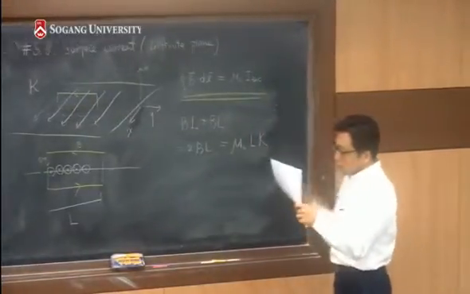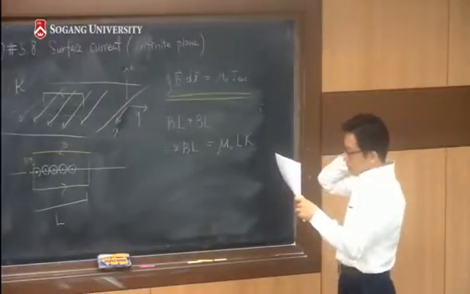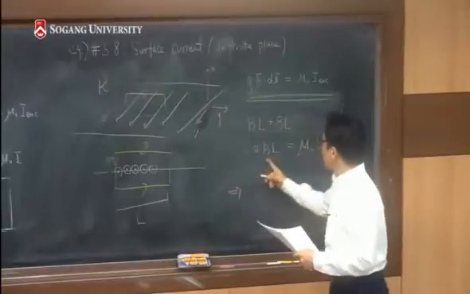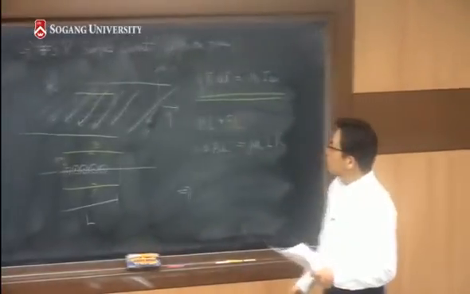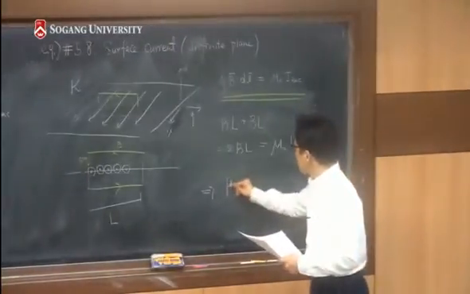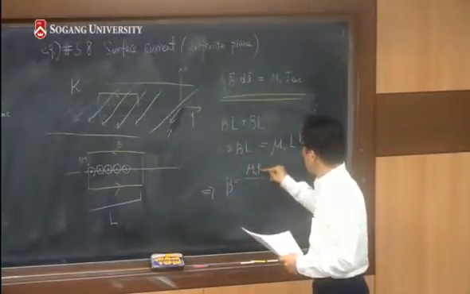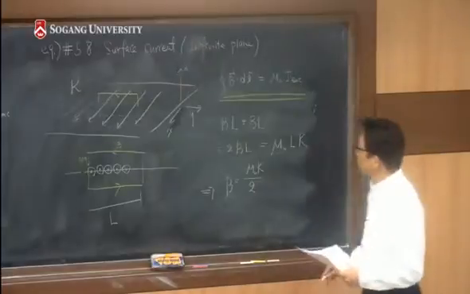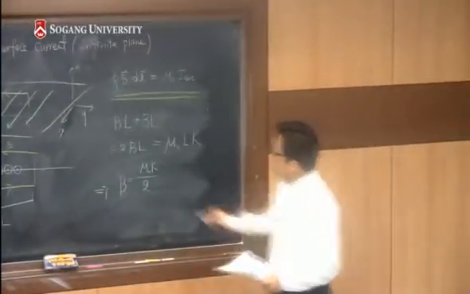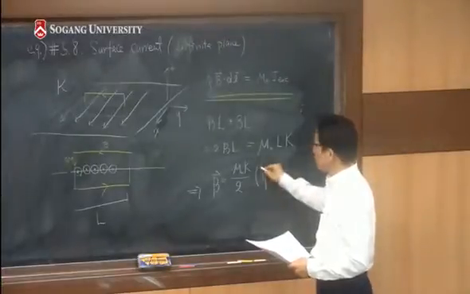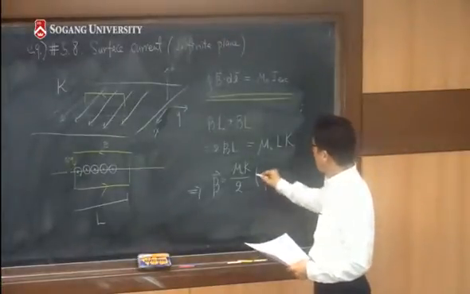Okay? So if you equate the left-hand side and right-hand side, you can find the B field in this case, which will be mu 0 times kappa divided by 2, and whose direction will be in the y direction, let's say minus y direction, right?